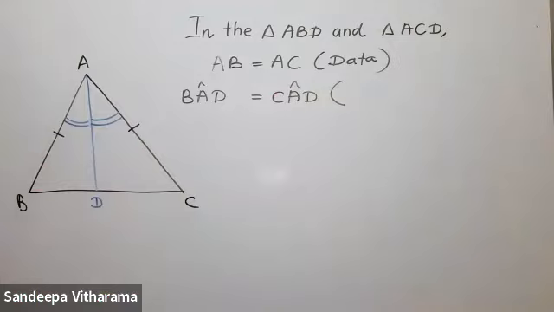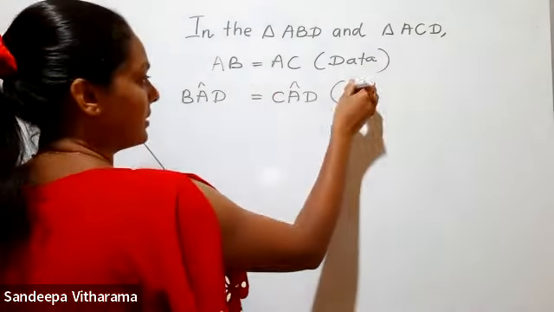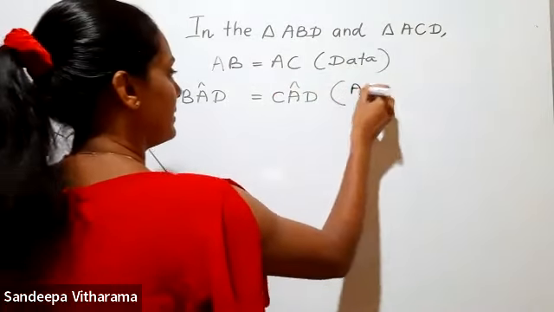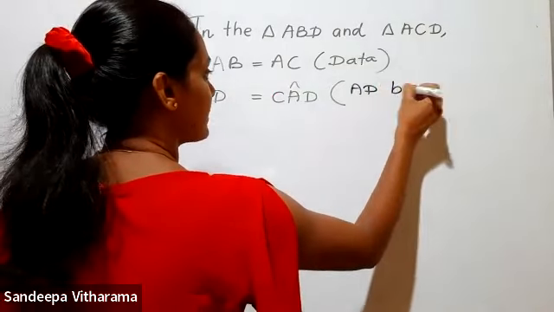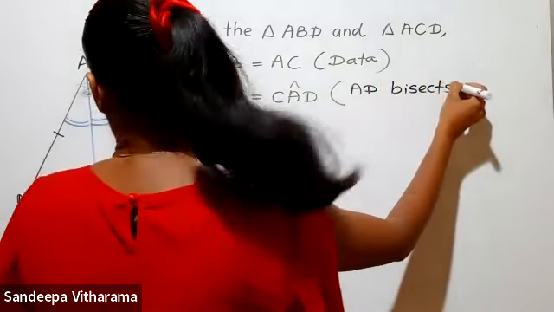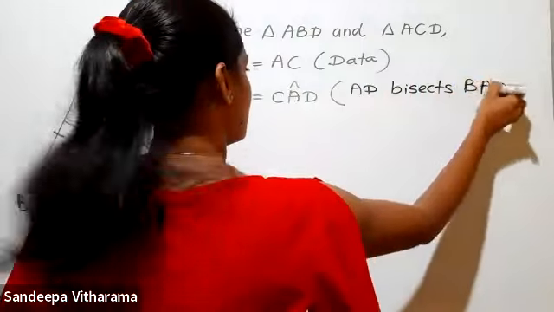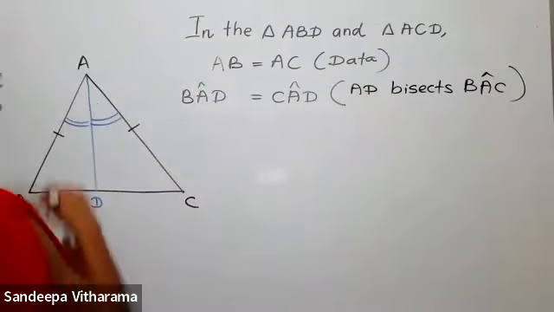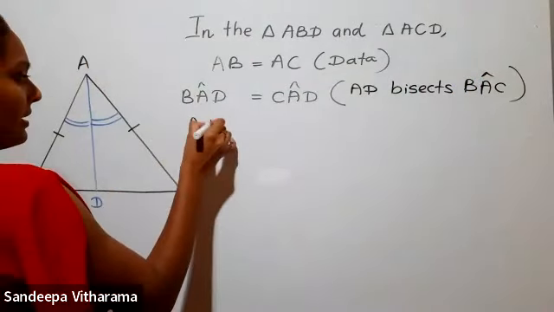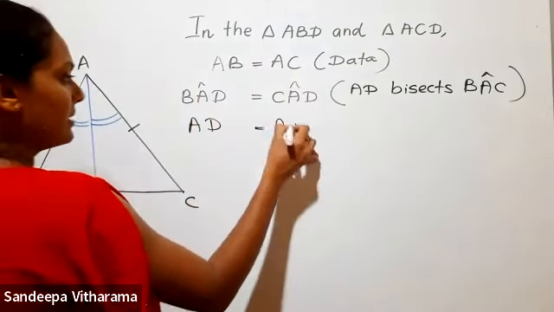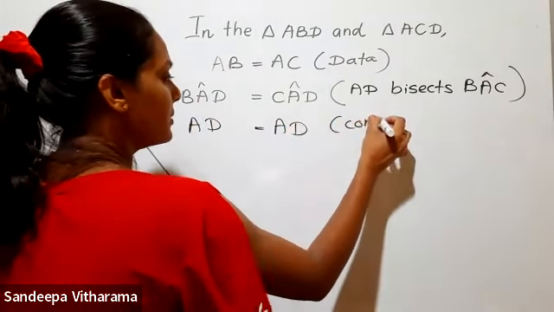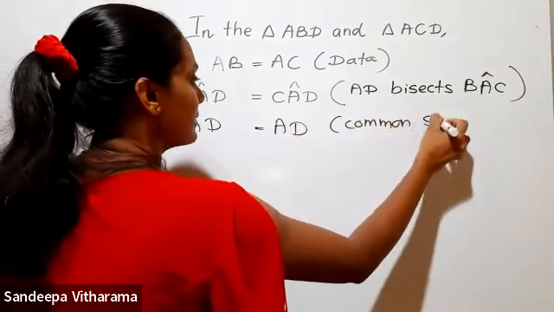So we can write that AD bisects angle BAC. And AD equals AD. It is the common side.